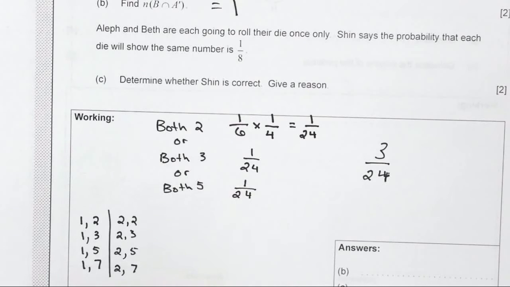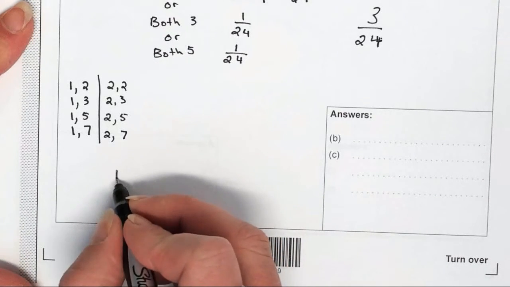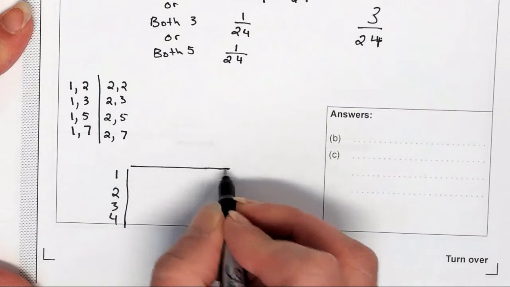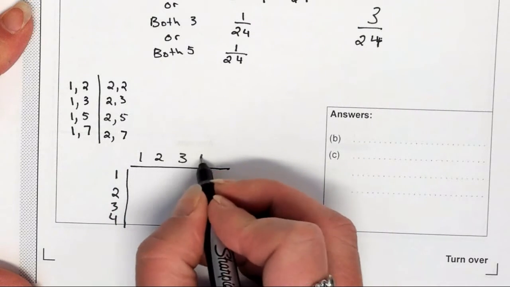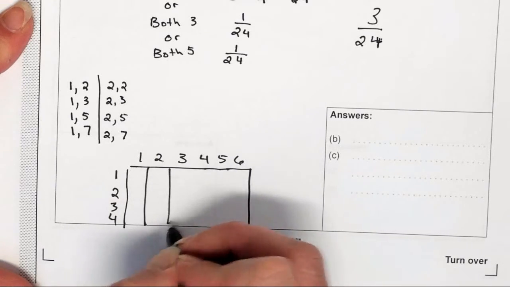And they took listing out all your sample spaces, making a tree diagram. There's several ways it could have happened. Another way some people did it was they made a kind of a chart, 1, 2, 3, 4, and 1, 2, 3, 4, 5, 6, and made little squares.